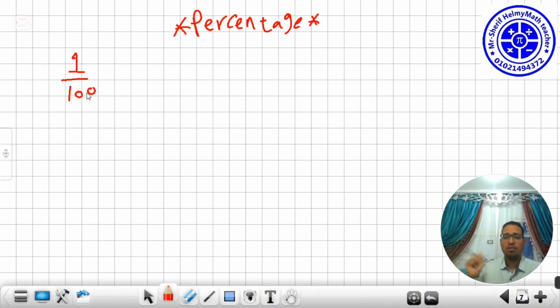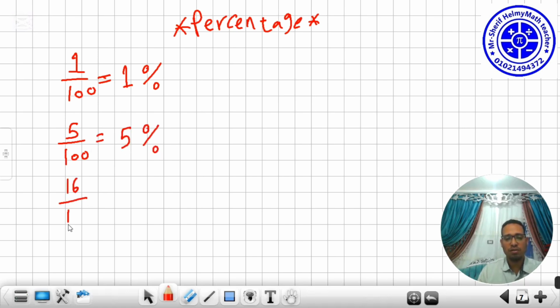Not 10, not 1000, not any number. The denominator in the percentage must be 100. Like 1 over 100, this is the fraction form. The percentage form will be 1%. If you have 5 over 100, it will be 5%.